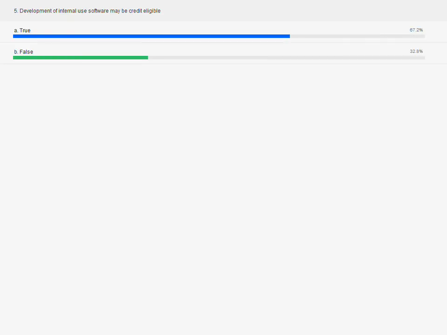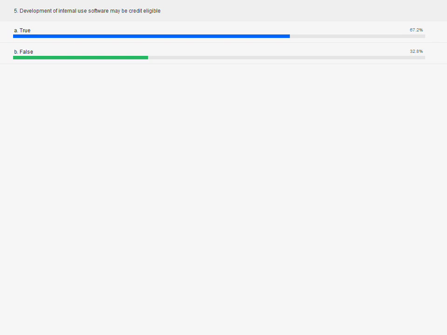Okay. The majority of the people think that that's true, that internal use software may be eligible for the credit. Do we agree? Yeah, I think we agree. As long as the activities meet the 4-part test and the additional 3 tests that Tom described earlier, then your internal use software activities could be credit eligible.